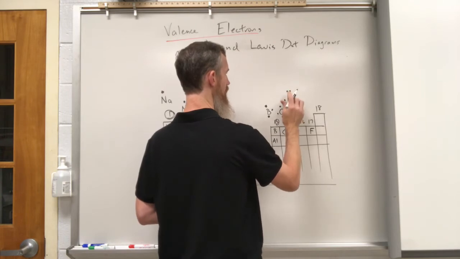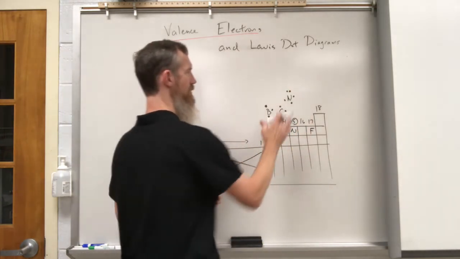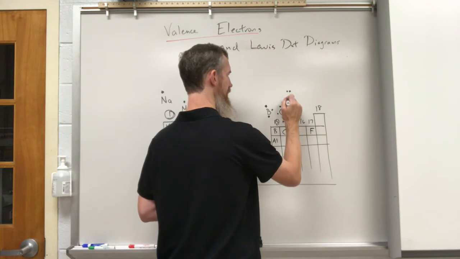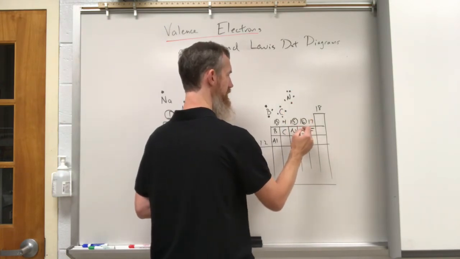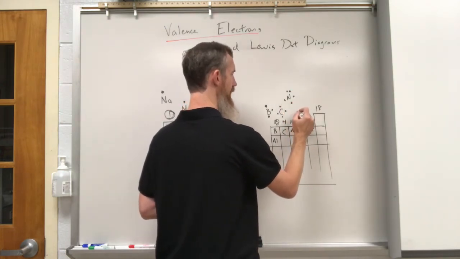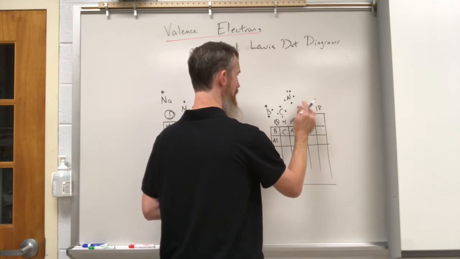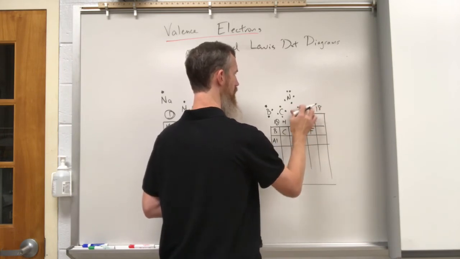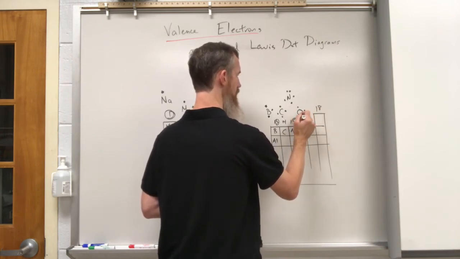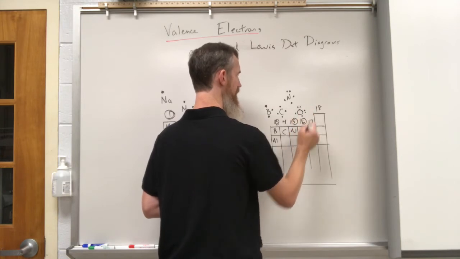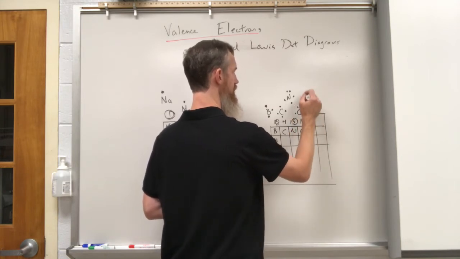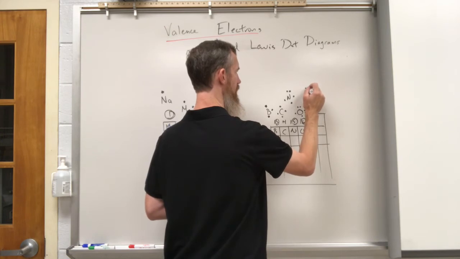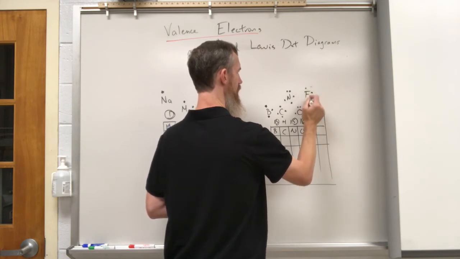That's nitrogen. That's a really weird looking N, but let's try to fix that up. And you go to the 16th column, you got it. You're going to have 6 dots. 1, 2, 3, 4, 5, 6. If I go to fluorine, as we discussed, you're going to have 7 dots. 1, 2, 3, 4, 5, 6, 7.